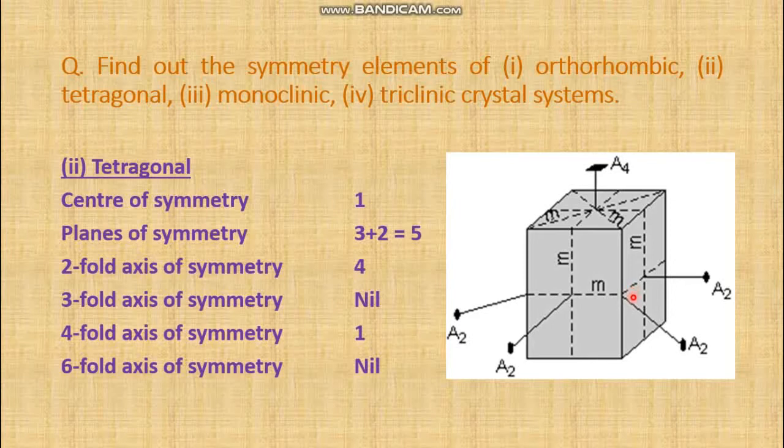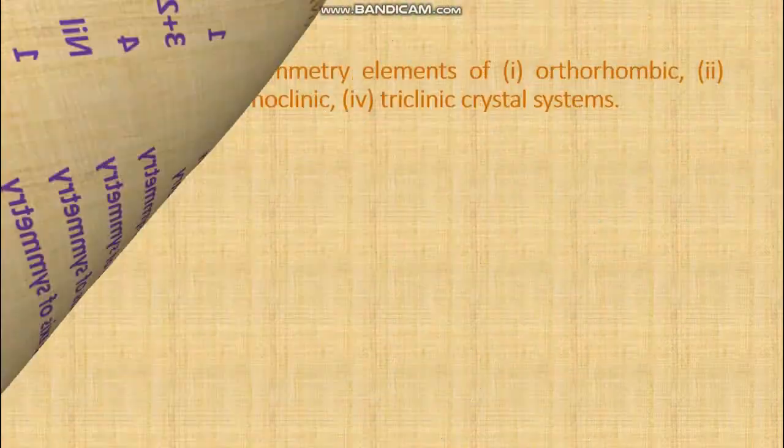And with respect to this line, this is 90 degree. This is one, and at this corner this is also another one. This angle is 90 degree, this angle is 90 degree, whereas this angle is 135 degree. So these are the 4 axes of symmetry for a tetragonal crystal system.